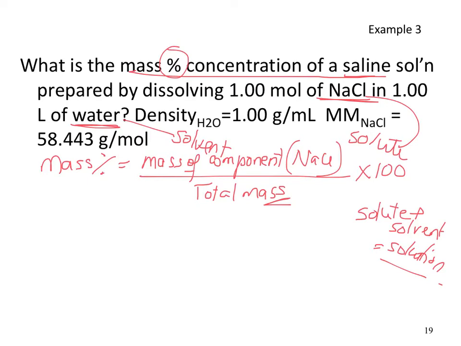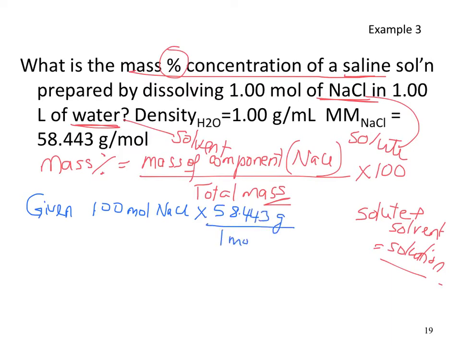So let's go for that. I have been given some information. I'm supposed to deal with 1.00 moles of sodium chloride, and I'm also given that the molar mass of sodium chloride is 58.443 grams per mole.